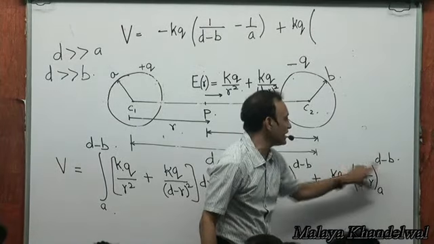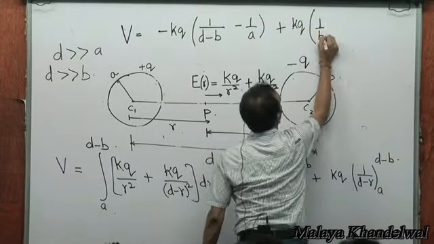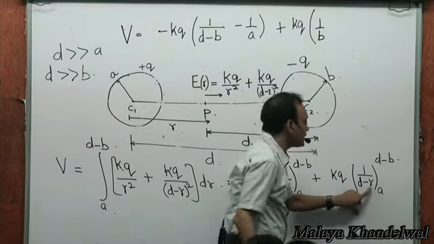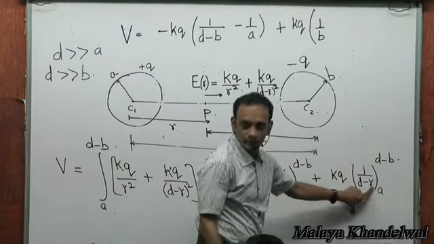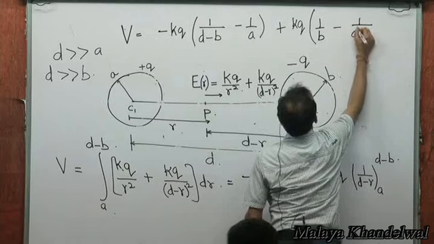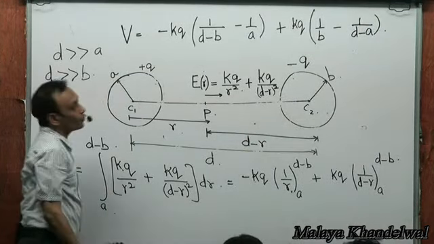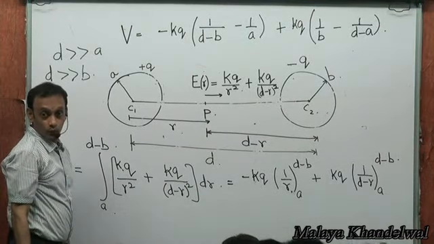When r is A, this will become d minus A. Yes or no? Right?